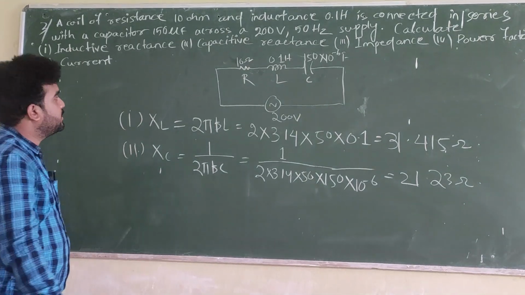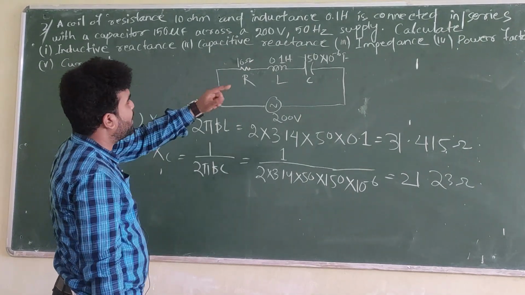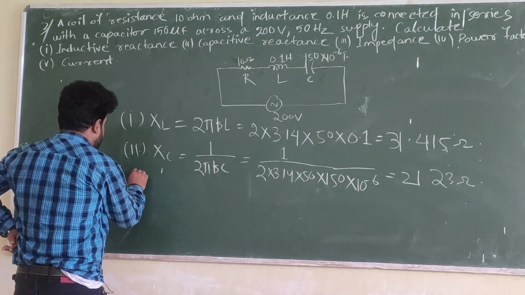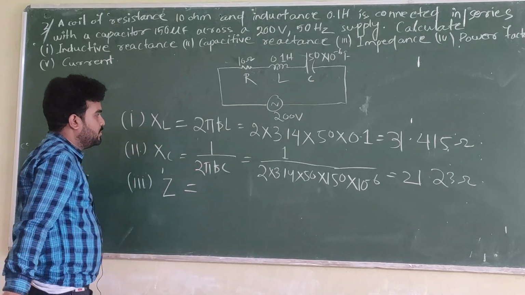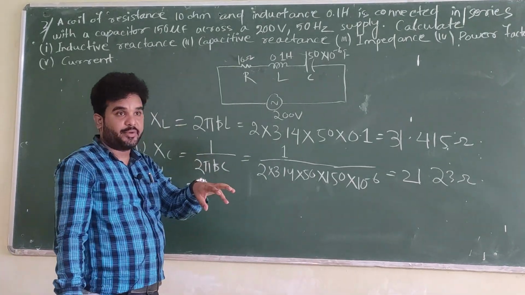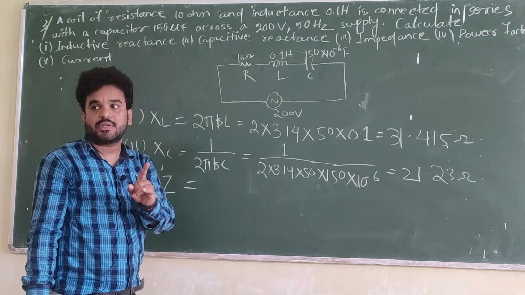Clear? Then impedance. If it is an RL circuit, previously I told you square root of R square plus XL square.